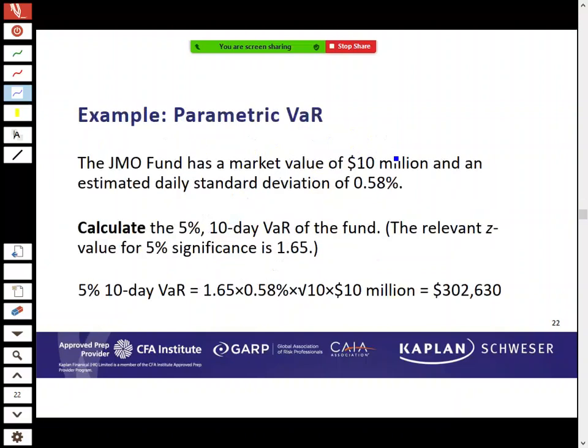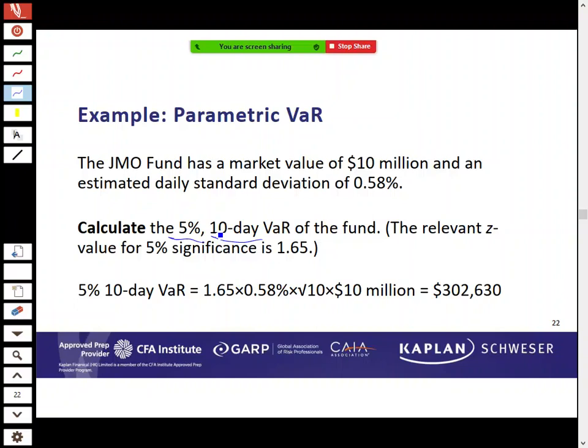And here is a very simple example, telling you, if in the examination the questions give you all these inputs, this is the horizon, 10 days, in 10 days time, your confidence level is 95%, and turning it the other way around, we call it the significance level is 5%.